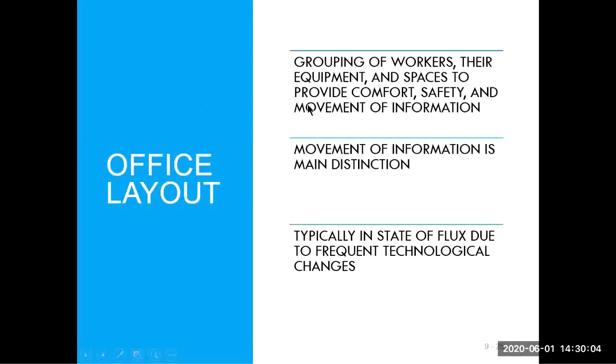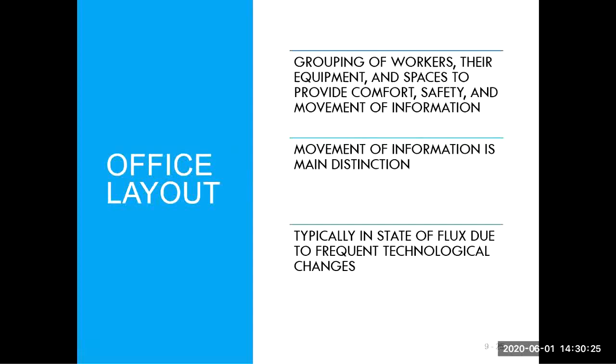Okay, so first layout, office layout. In office layout, first the managers are required to group the workers, the equipment and the space so that they can provide comfort, safety and movement for the employees.